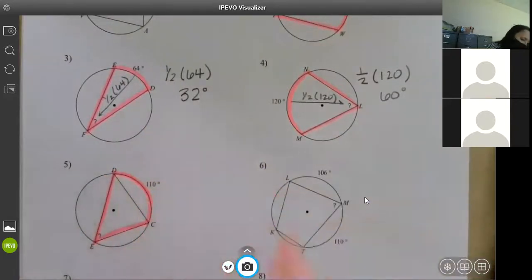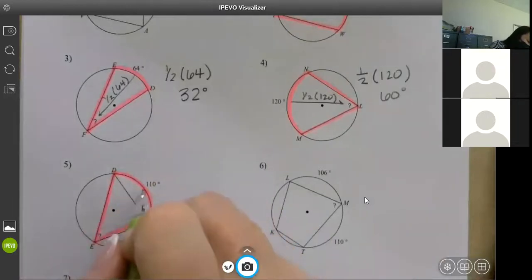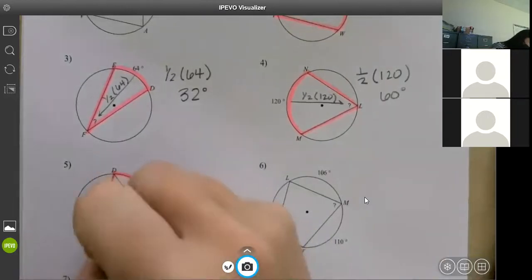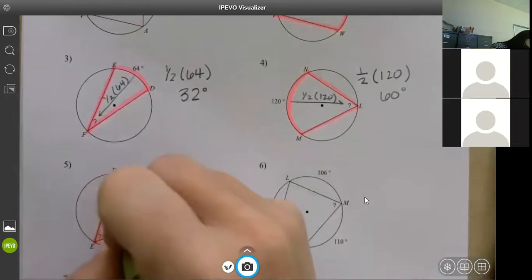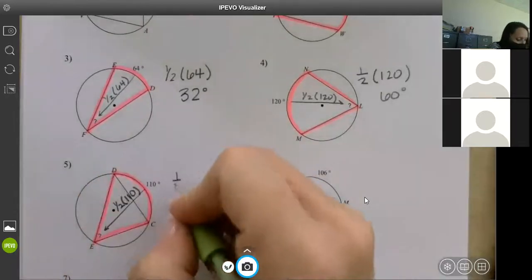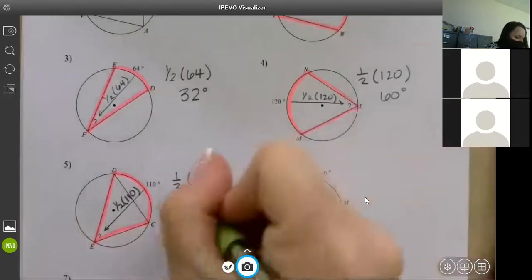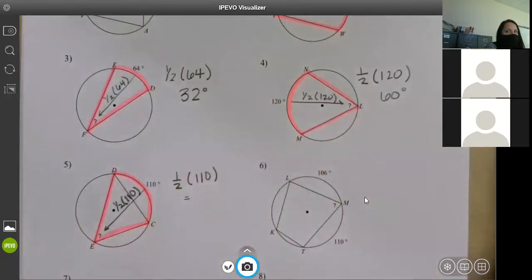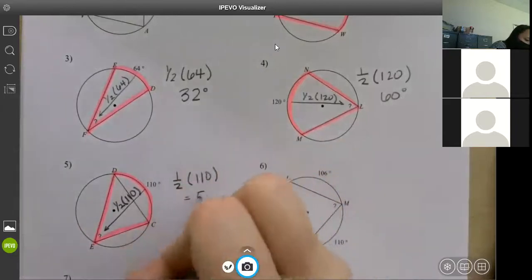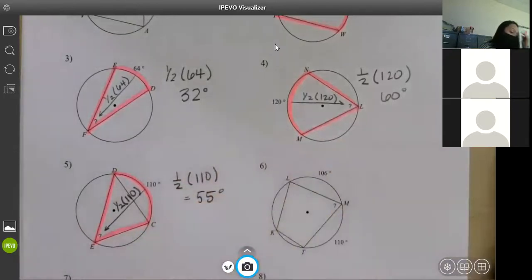Here's your arc. That other line in there means absolutely nothing at all to you right now. Remember, the angle is half of the arc. So what is half of 110? 55. 55. Okay.